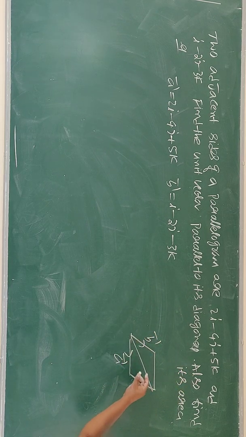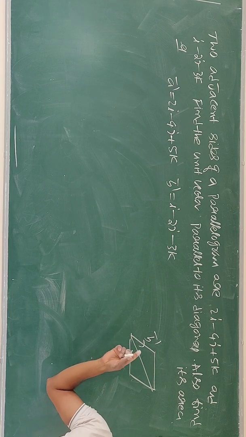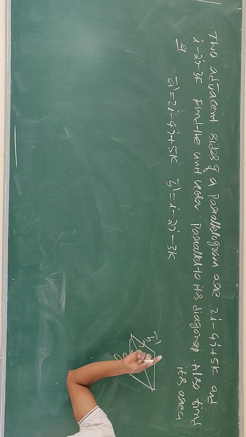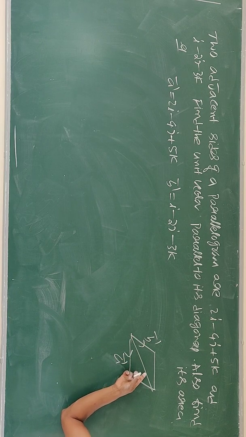This is the diagonal. A vector along the diagonal is A plus B. What is the resultant of adjacent sides? A plus B, the principal diagonal.